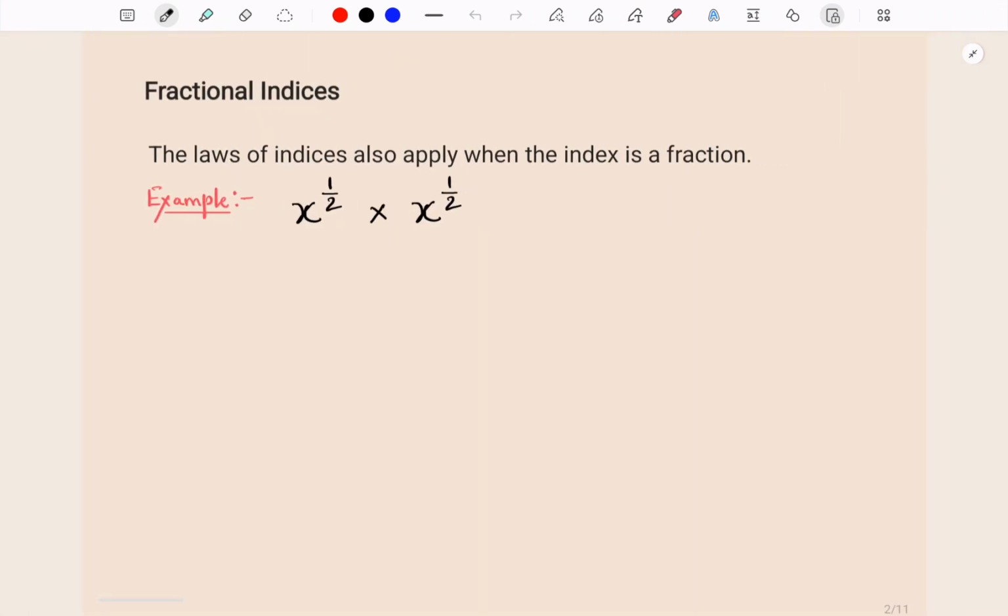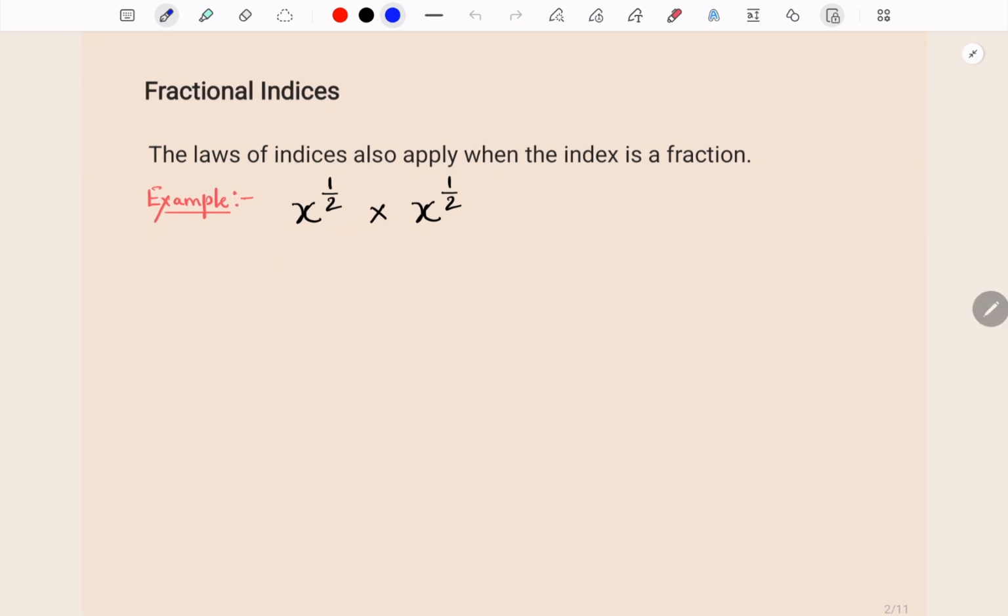So let's start this discussion with an already established fact that the laws of indices also apply when the index is a fraction. Alright, so let's take this example. Here we have x raised to the power 1 over 2 multiplied by x raised to the power 1 over 2. So this is an example of fractional indices.